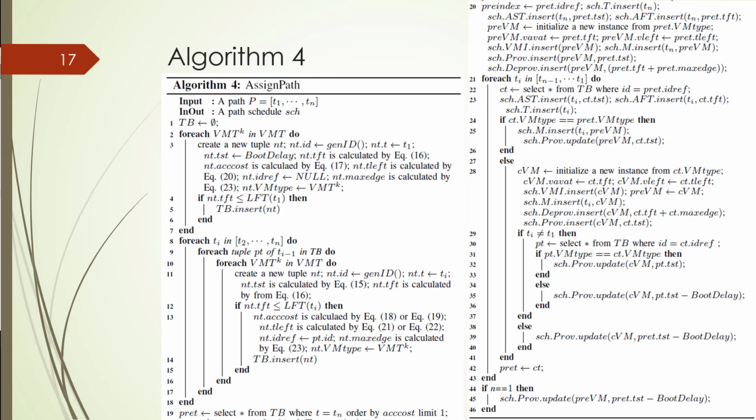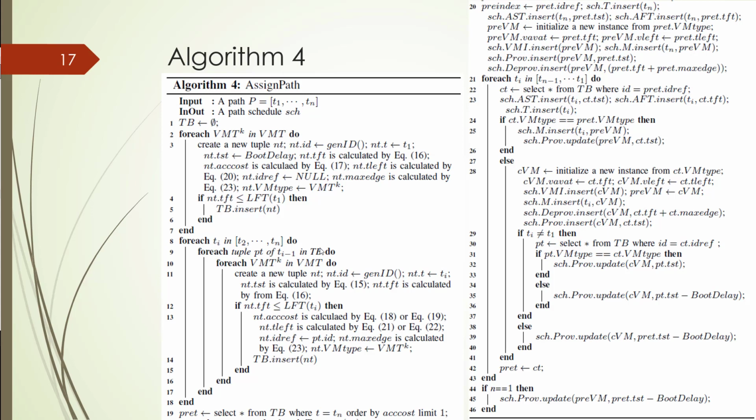Okay, here. So after calculating all of this, it will insert all of the nt into the nt, if the tft is less than the lft of ti. And for each task, from the second task to the last task, for each of the tuples pt of the ti, in the tb that we calculated before, for each virtual machine type, a new nt can be created.